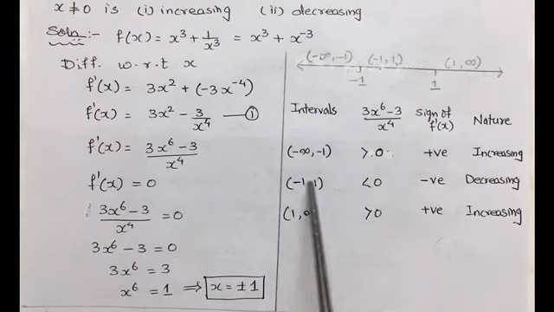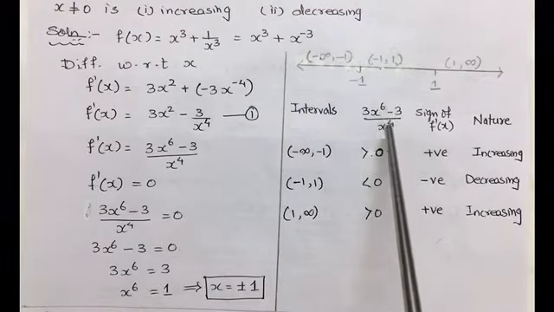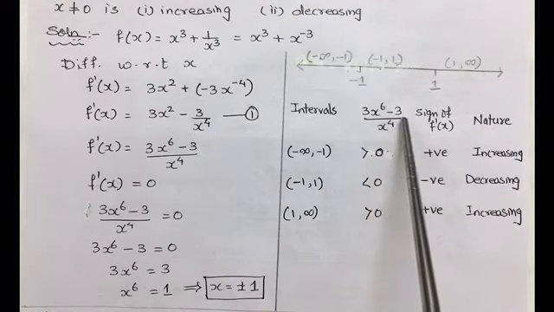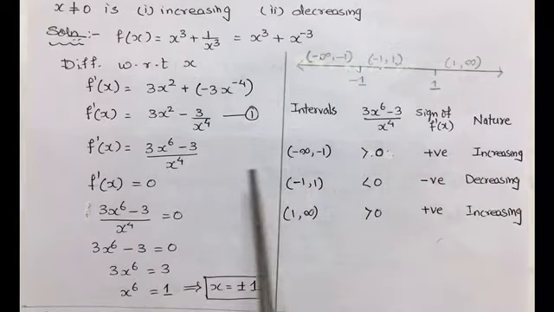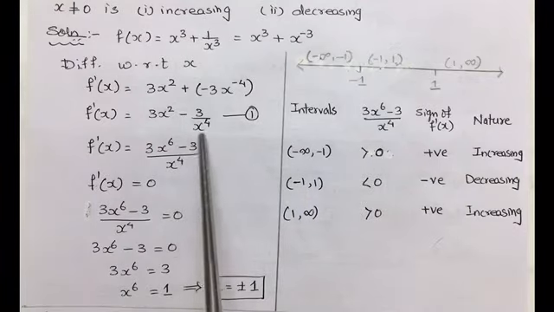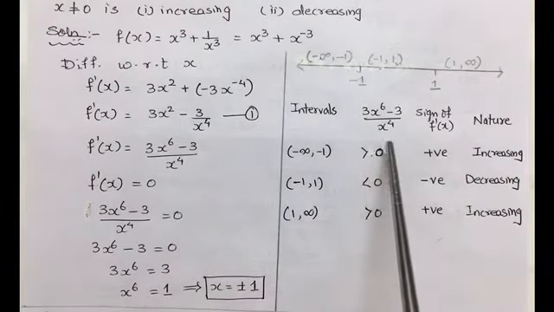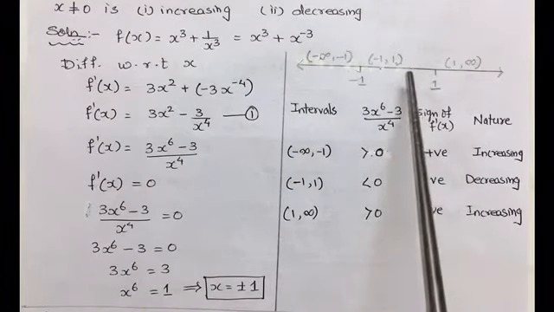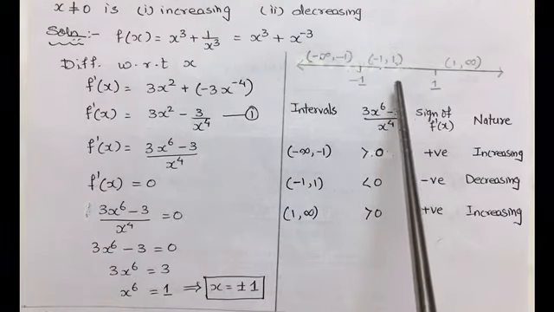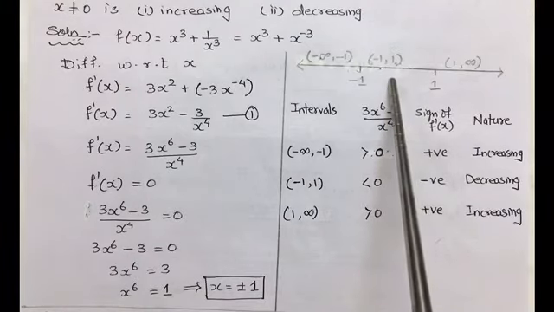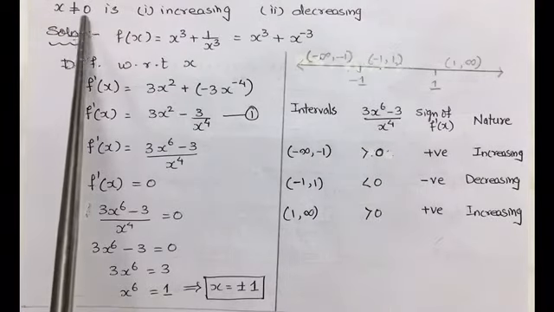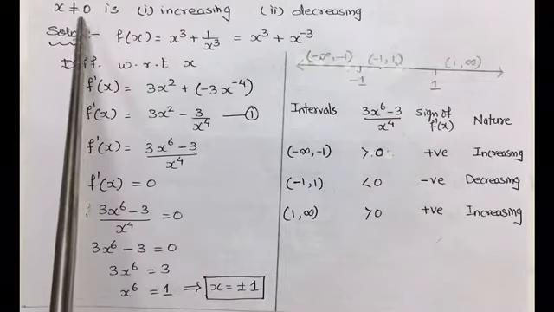Taking the value from minus 1 to 1 as 0, keeping it in the first derivative, it will be less than 0. Even if you take the value as minus 0.5, x equal to 0 cannot be taken, because x is not equal to 0 as given in the question.